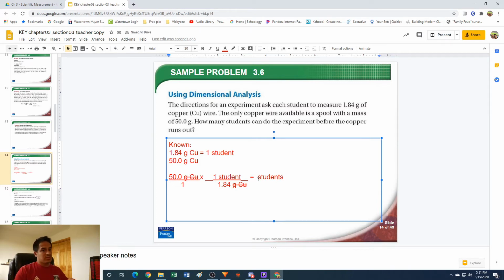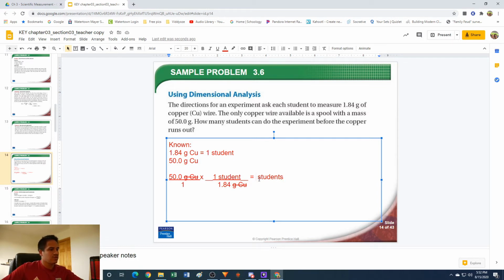Okay, and all we have to do is do the math. So we are going to take 50.0, and then we're going to divide that by 1.84. Okay, now we could also think of this as 50.0 over 1 times 1 over 1.84. But if you multiply by 1 over 1.84, it's the same thing as just dividing by 1.84.